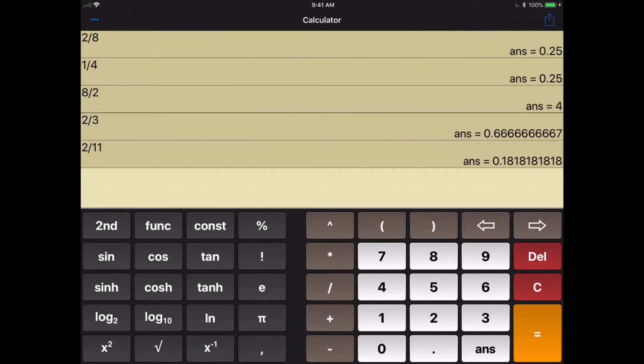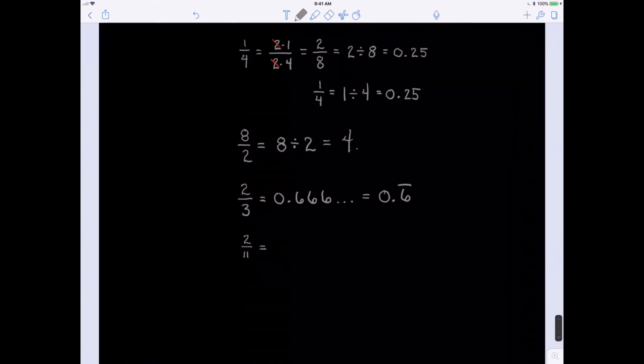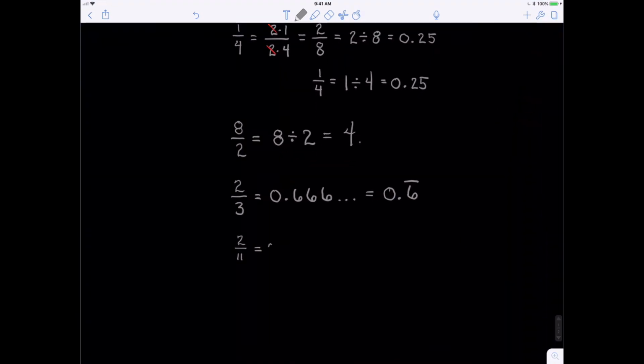It's 1 8, 1 8, 1 8, 1 8, and that pattern continues on forever. So this is the same as 0 point 1 8, 1 8, and then dot dot dot, or you could just write 0 point, and since it's the 1 8 that repeats, you'd put a bar over the 1 8.